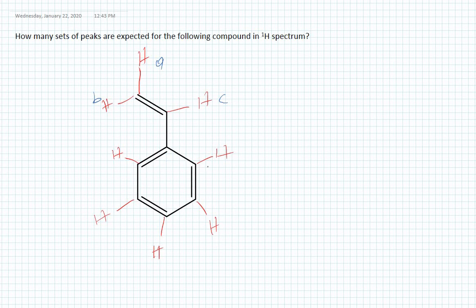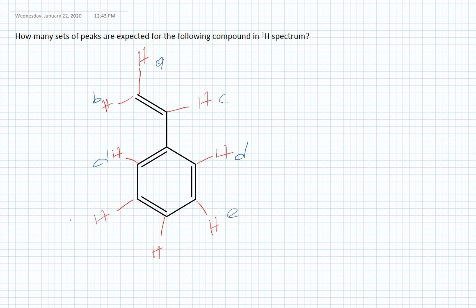Here we have two hydrogens on these two carbons, and since the molecule is symmetric, we can say that this hydrogen and that hydrogen are equivalent. We said A, B, C, and let's say this is D and this is D. Again, the next carbons are symmetric, so the hydrogens have to appear in the same place on the NMR spectrum.